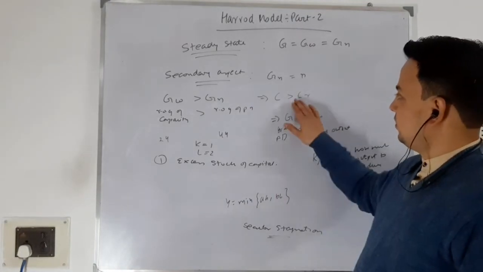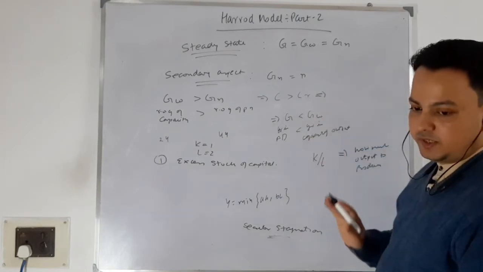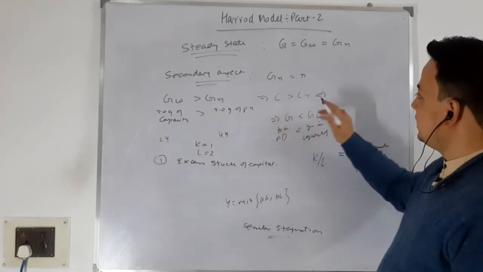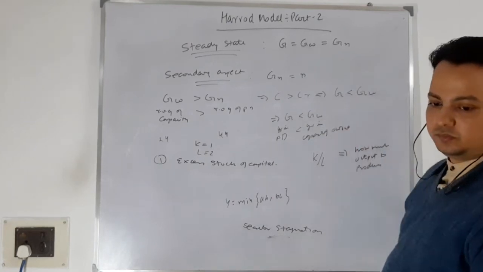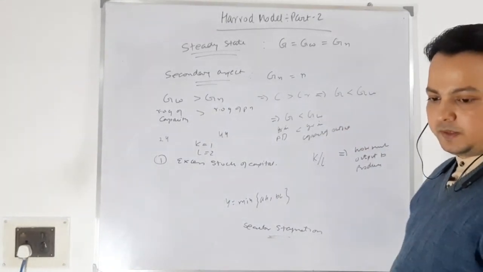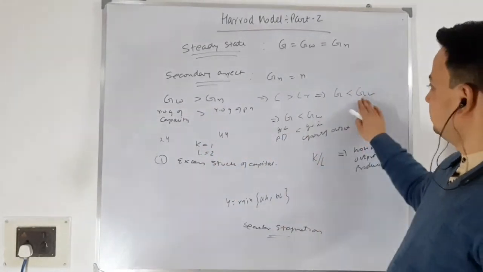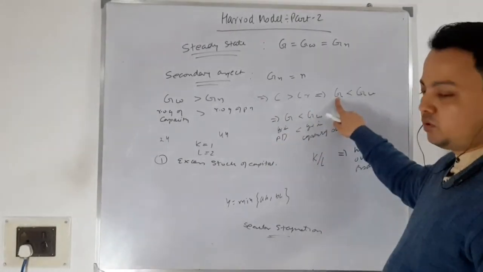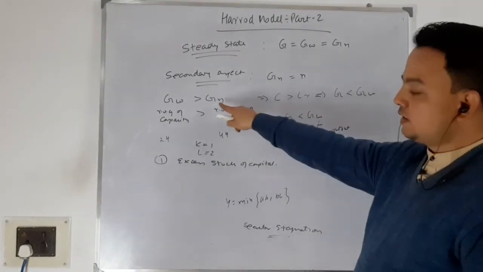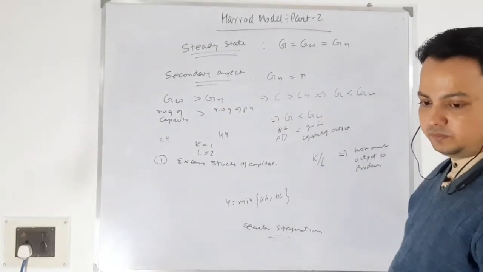Now look at this one. When I have this case, why didn't we have secular stagnation? That is what I am saying. C greater than CR means actual growth rate less than warranted growth rate. Warranted growth rate should be high because we are adding more to capital stock. But in the economy, actual growth rate is less because there is a ceiling factor from the population side.